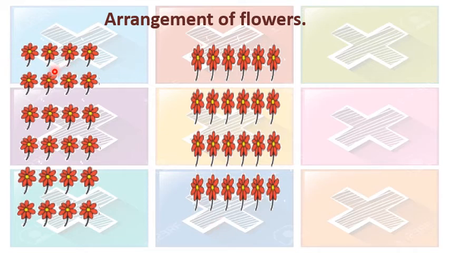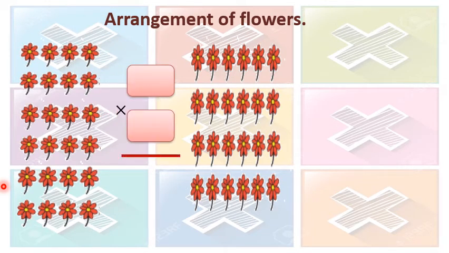Here 1, 2, 3, 4, 5 and 6 rows are there. Okay, we will make the calculation. 4 flowers in each row, and there are 6 rows altogether. So the answer is 6 fours are 24.